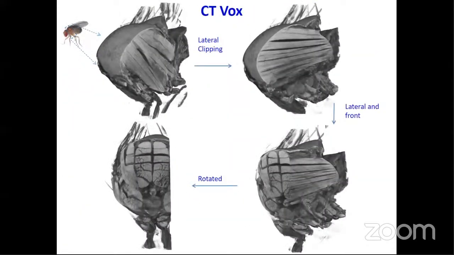Over here in the bottom left, you see these are individual muscles located within the thorax, and you see these breaks between these muscles.